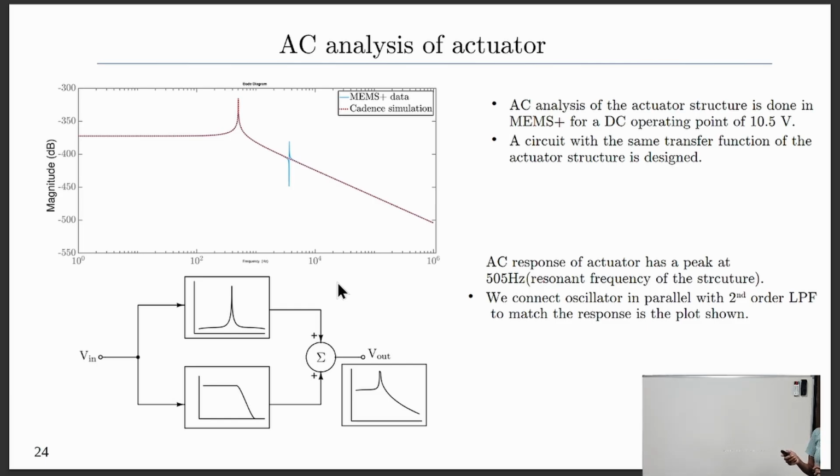Here we match the AC response of the actuator and we design a circuit. Here we have shown the block diagram of the circuit which is designed using passive components. We have an LC tank in parallel with a low pass, which will have a similar AC response as the actuator, and I've also shown the simulated results in Cadence.